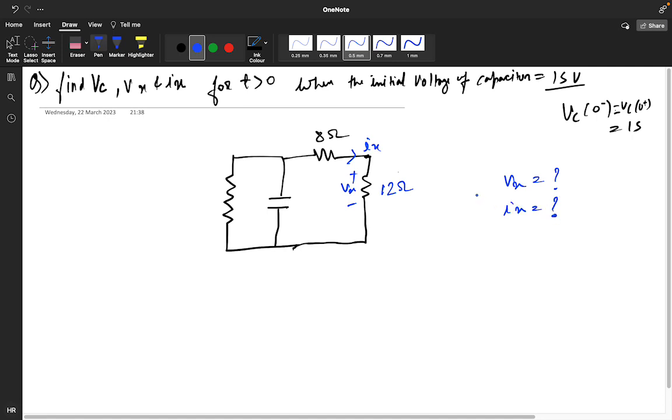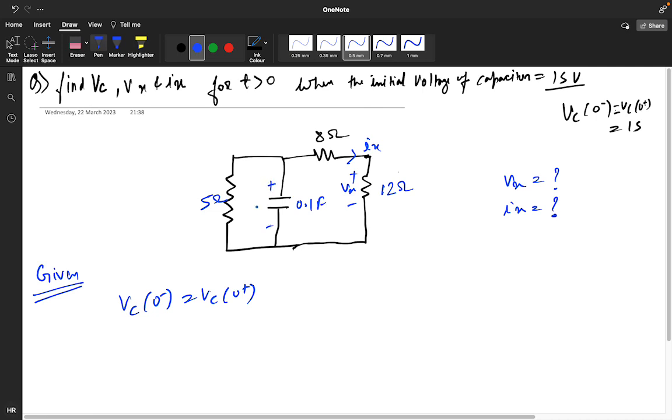Okay guys, so what you know in this question, the given parameters: Vc of 0 minus is equal to Vc of 0 plus is equal to Vc of 0, which is given as 15 volt, this value is 5 ohm, and the capacitor value is 0.1 farad.